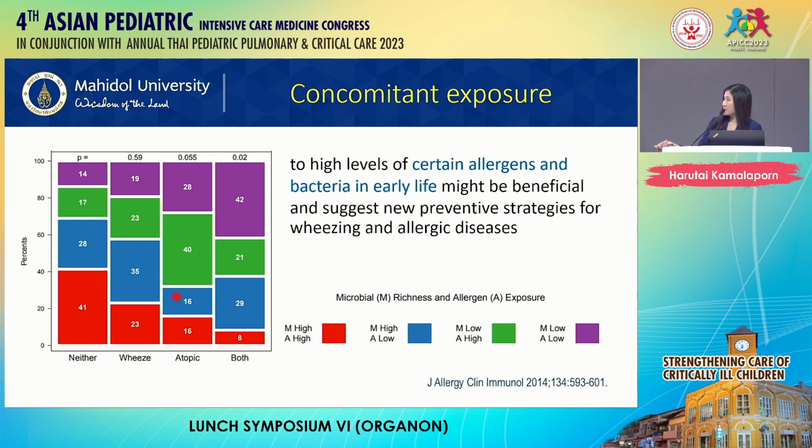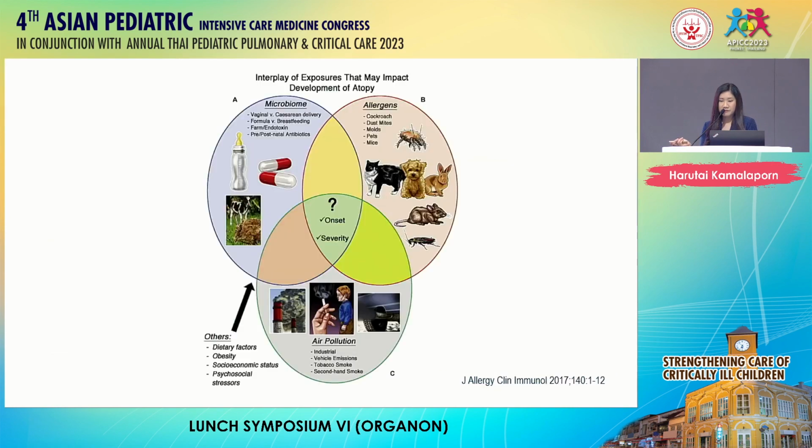So you can see the red bar is in the highest proportion in the patients without any wheeze or atopy. But in the patients with wheeze and atopy, or both of them, the exposure to the microbial and the allergen is less than the previous group. So that just emphasizes the research that I mentioned before.